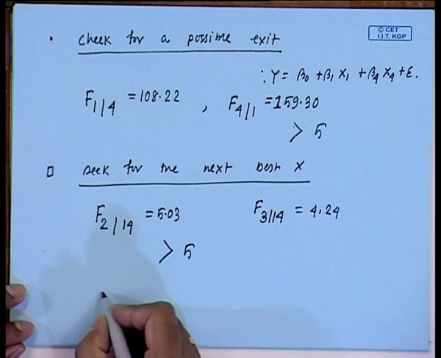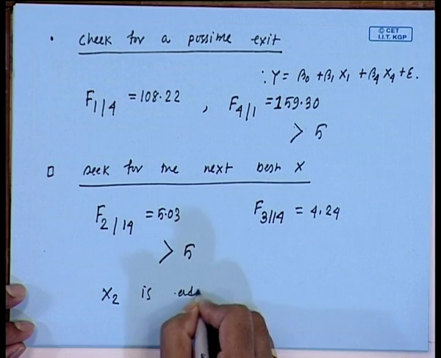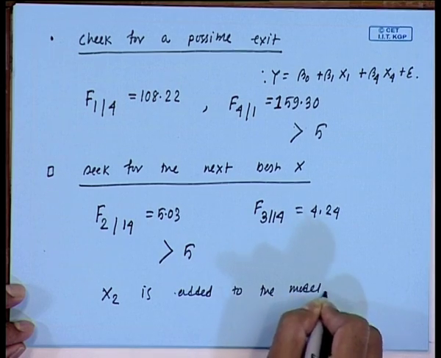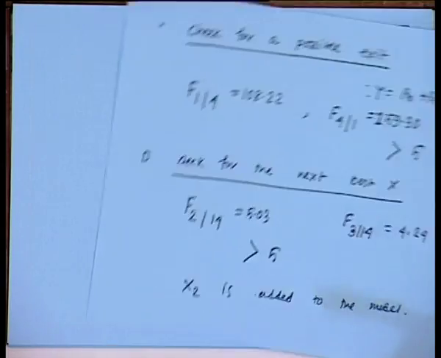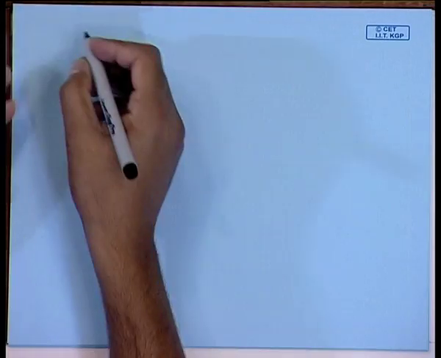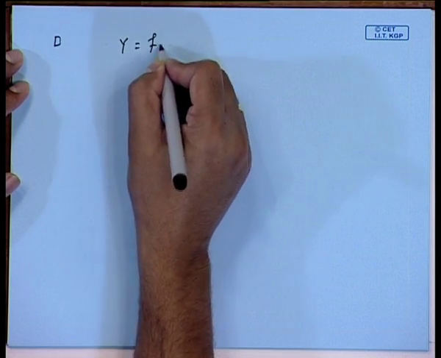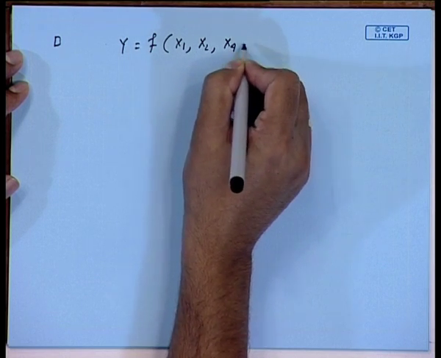So, x 2 is added to the model. Now, in my model we have 3 regressors, y equal to f in terms of x 1, x 2, x 4.